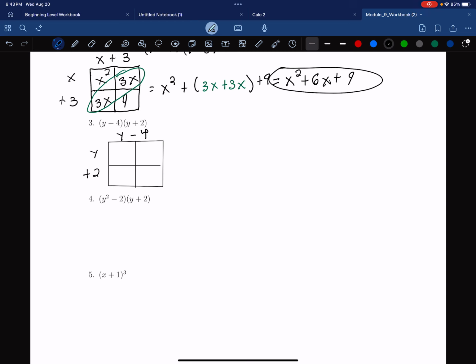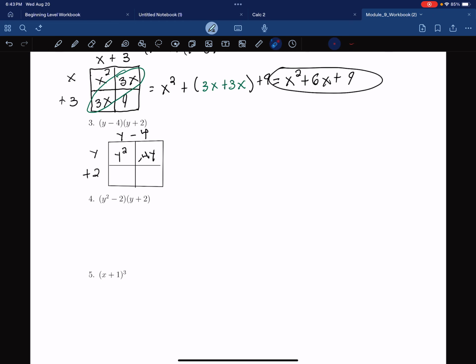So in this box here, we're going to have y times y, which is y squared. And then in this box here, we're going to have y times negative 4, because this 4 is being subtracted, so this becomes a negative 4, right? So we're going to have y times negative 4, which becomes negative 4y.